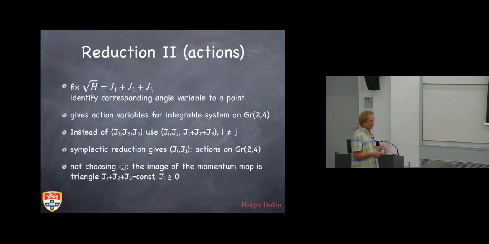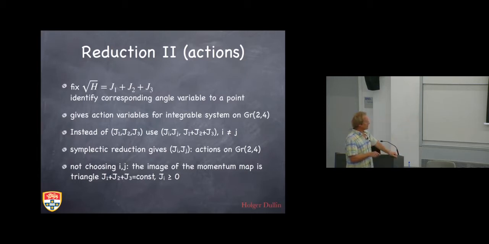Well, okay, now we can do reduction again. So this reduction works on the action variables directly, right? I'm just going to say, okay, let's fix this action. And then there is an S1 action that we want to quotient by. And so we just identify the angle variable that corresponds to this one to a point.